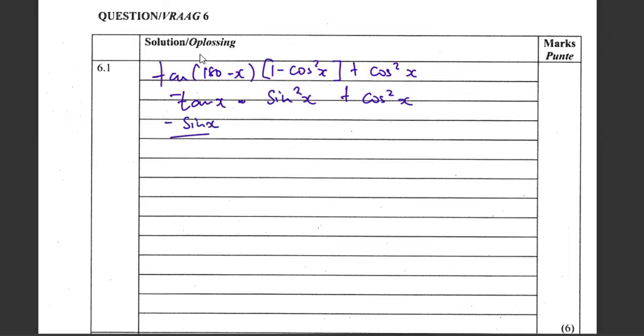So negative sine x over cos x multiplied by sine squared x plus we have a cos squared x. When I look at my right-hand side, it doesn't seem to be promising, but let's see. I'll say negative sine x multiplied by sine squared x plus I have a cos x multiplied by cos squared x.